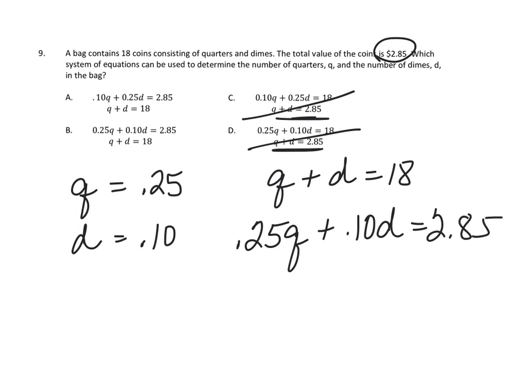Okay, so we know that quarters is not 10 cents, and dimes are not 25, so it's not that one. And here we do have quarters are 25 cents, the dimes are 10 cents, and the money's right. So here we have the correct answer.